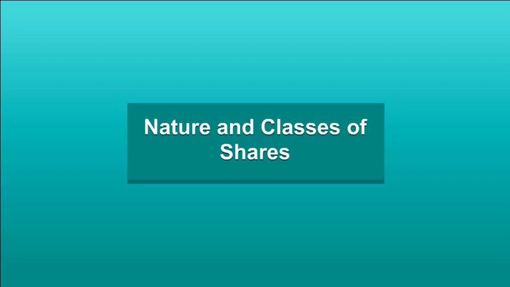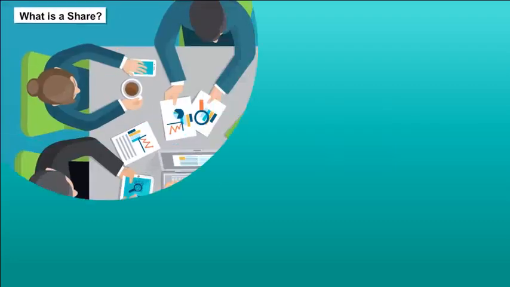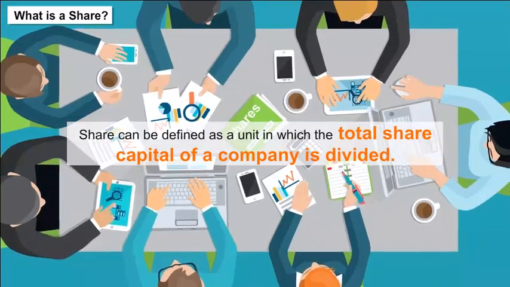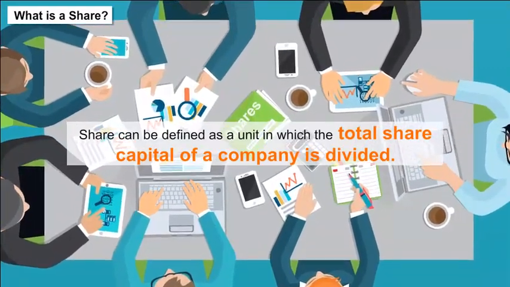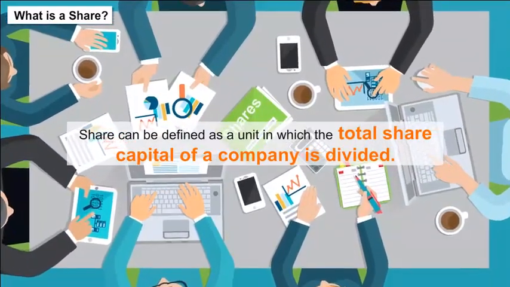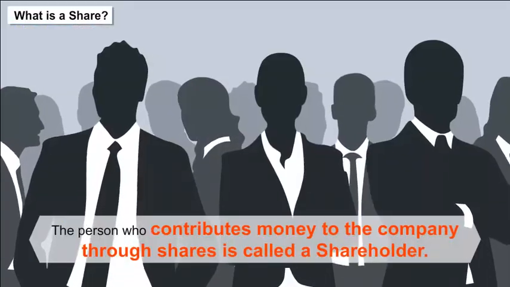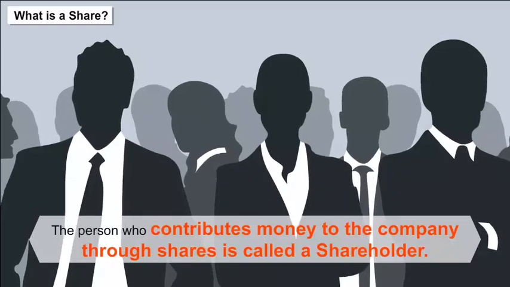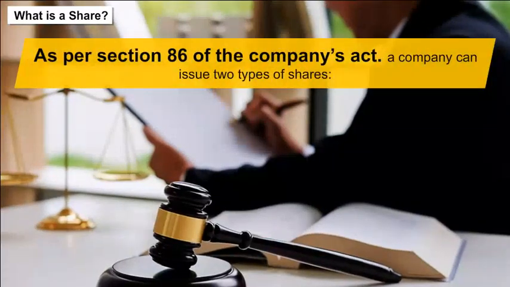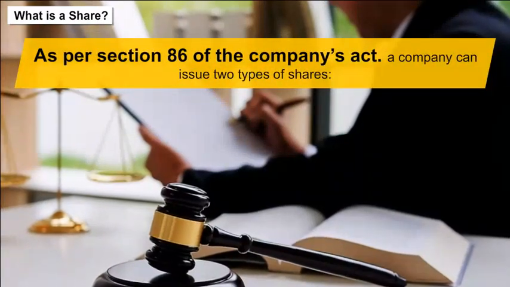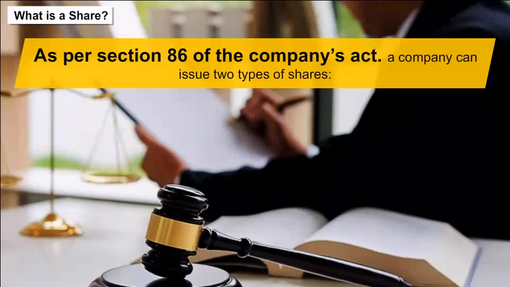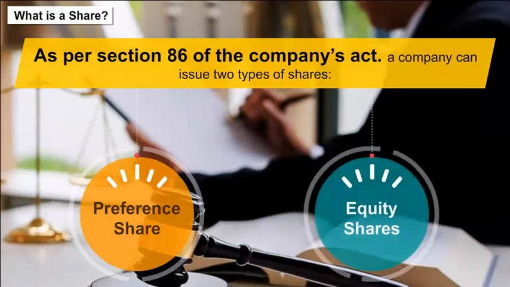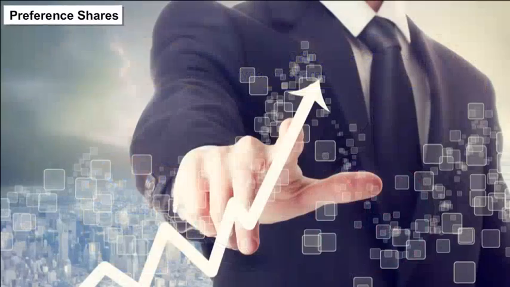Nature and classes of shares. What is a share? A share can be defined as a unit in which the total share capital of a company is divided. The person who contributes money to the company through shares is called a shareholder. As per Section 86 of the Companies Act, a company can issue two types of shares: preference shares and equity shares. Preference shares.